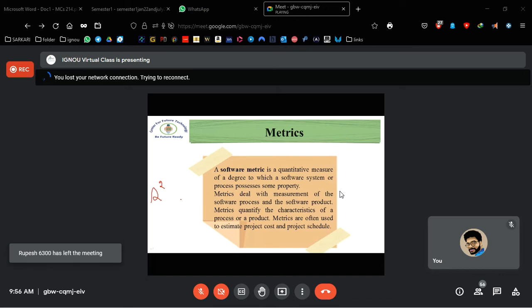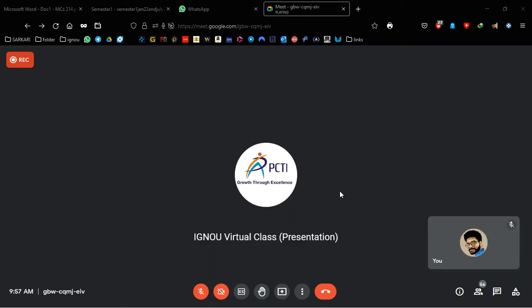A software metric is a quantitative measure of the degree to which a software system or process possesses some property. Metrics deal with the measurement of software processes and software products. Every metric quantifies the characteristics of a process or a product, and metrics are often used to estimate project cost and project schedule, which is the core part of the project management approach.